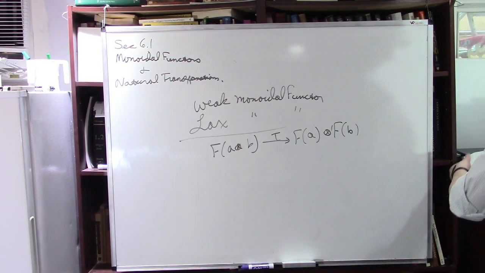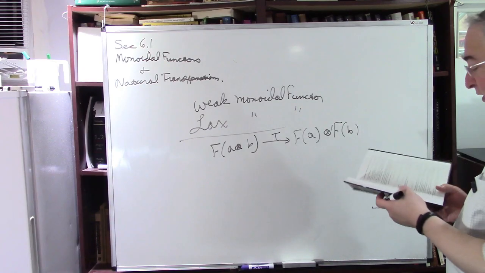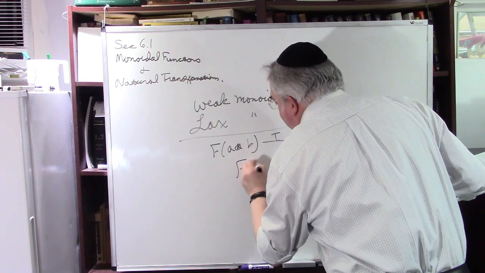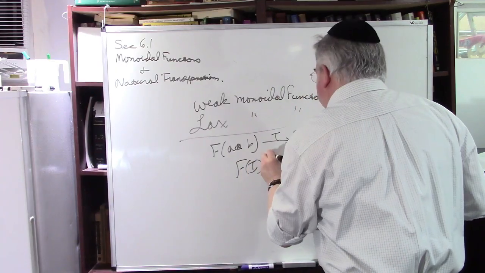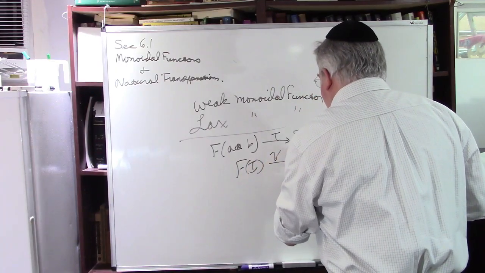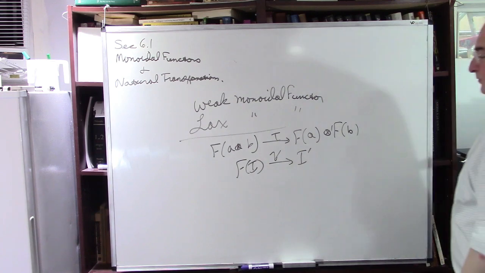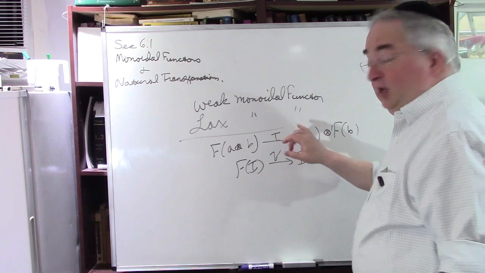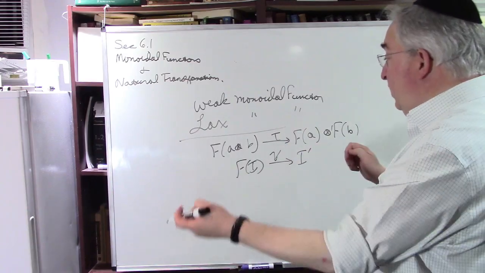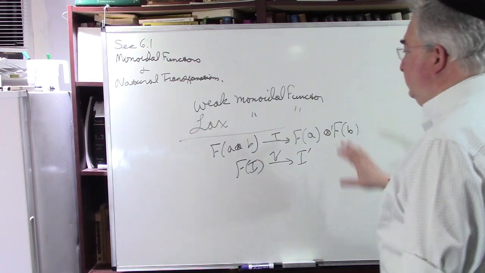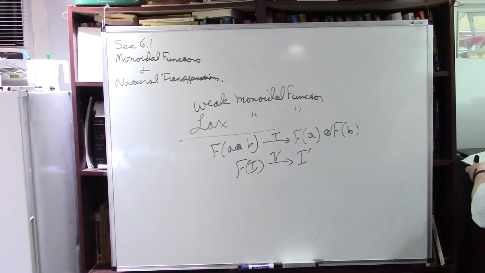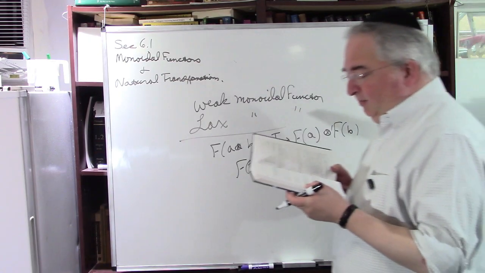Okay, but the real fancy name for this, okay, let's do another one. You also need F of I to go to I prime. So again, I switched the morphism. Notice they're not isomorphisms, so it depends which direction. These also have names, they're called oplax monoidal functors.